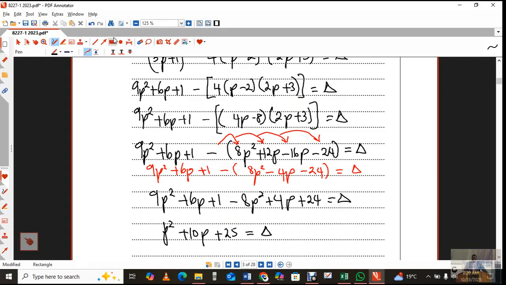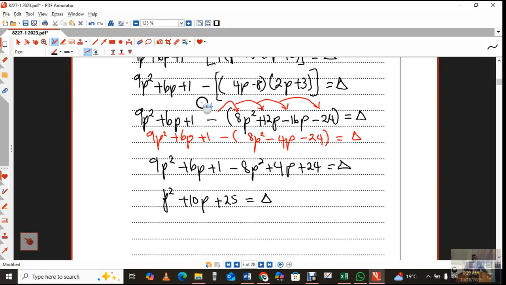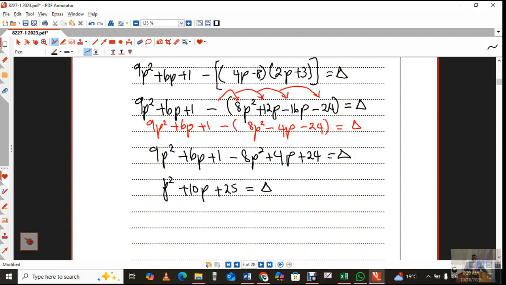If you were to factorize this, it is a perfect square trinomial because half of 10 is 5 and 5 squared gives you 25. So this is going to be p plus 5 all squared. Now there is something really important here.